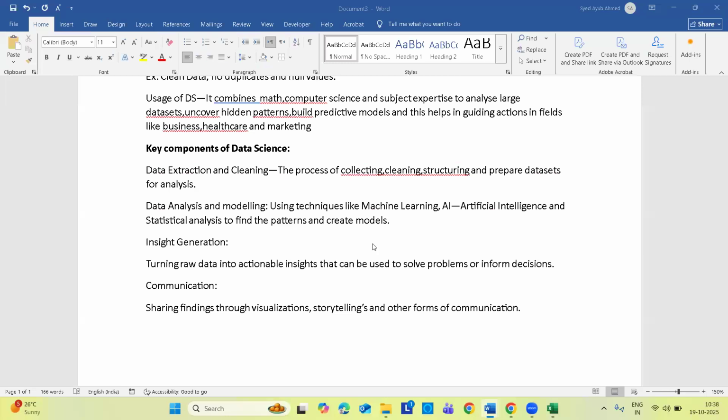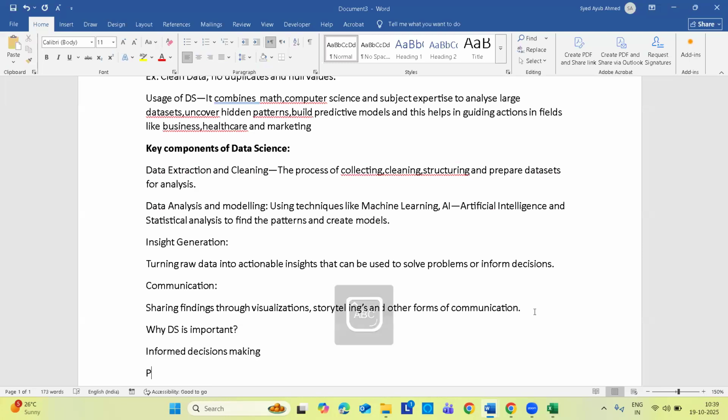Now, why data science is important? Key components you have seen, right? Why DS is important? This question will come. First, it will help you to make informed decisions.